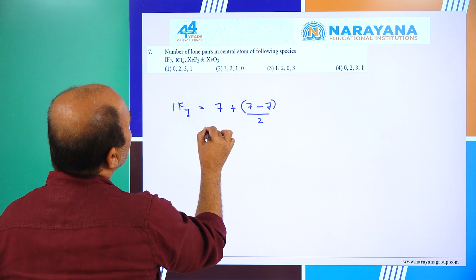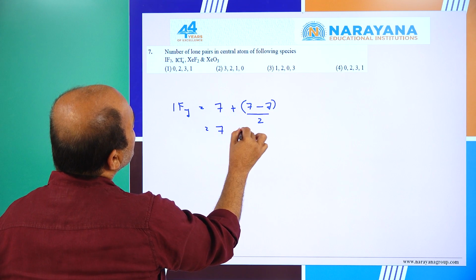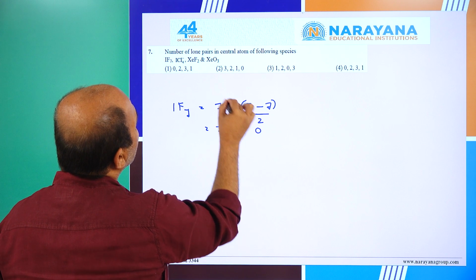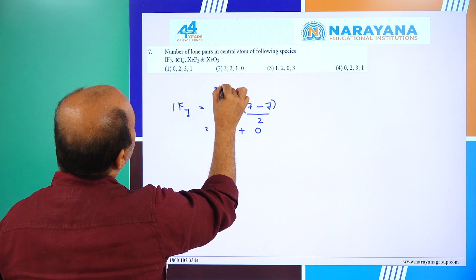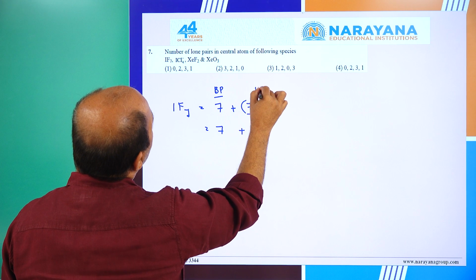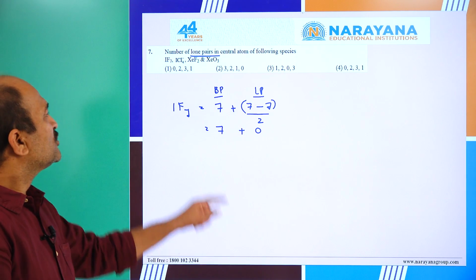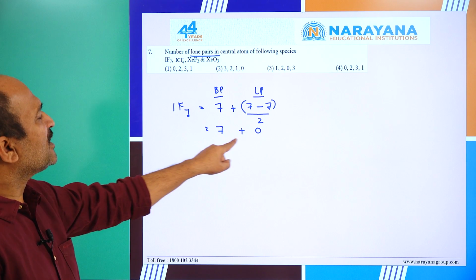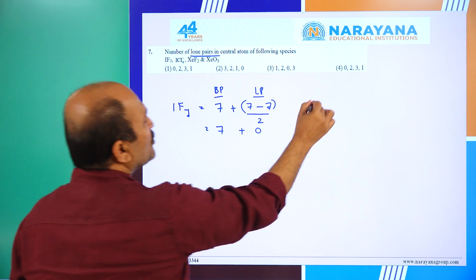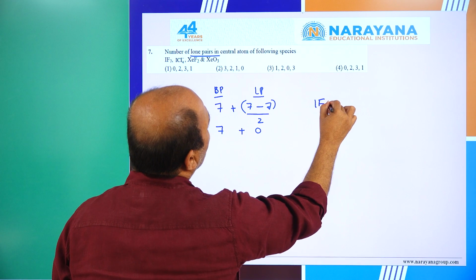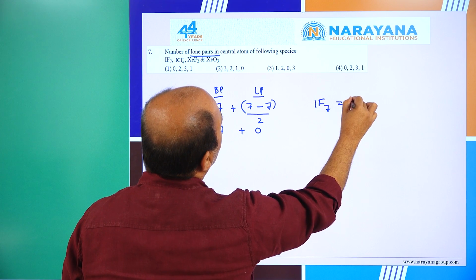This is the bond pairs, and this is the lone pairs. In our question they are concentrating on lone pairs. So in case of IF7 the number of lone pairs is 0, right?